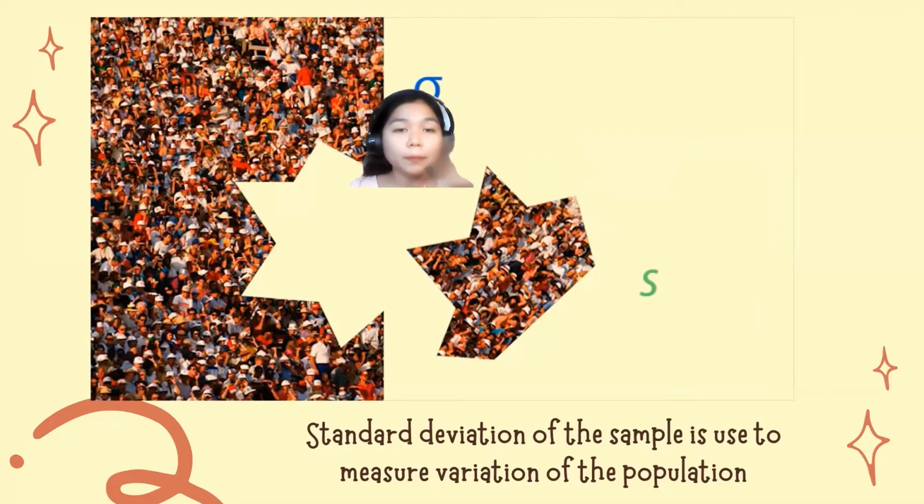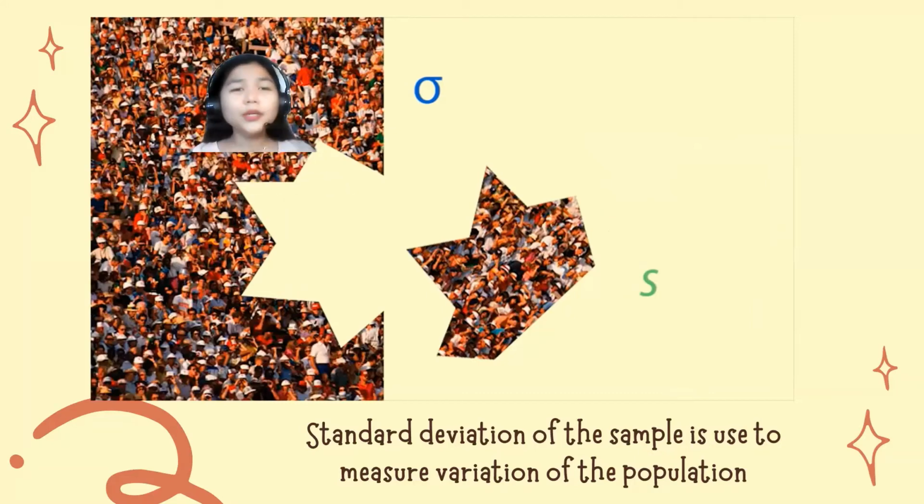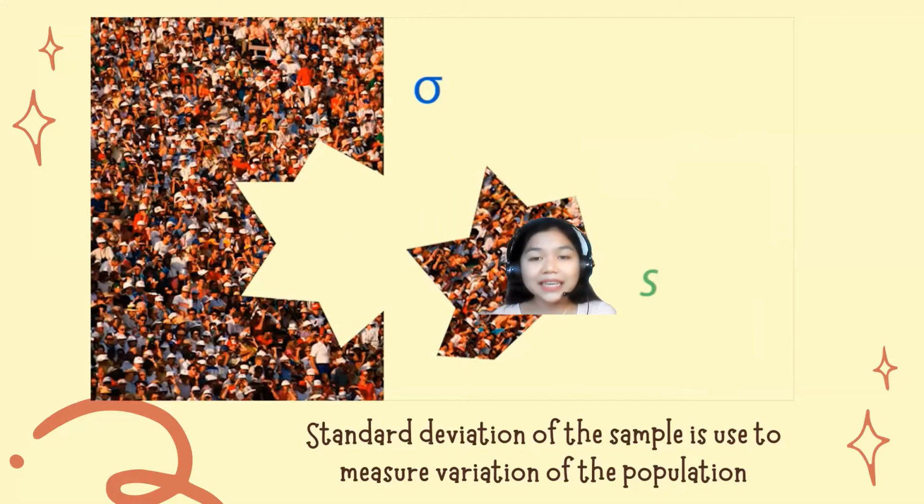Try to imagine it is whole. We notice in the population there are so many differences, many variations. So our purpose is to get only the sample standard deviation, because we only get the measure of variation. So S here is for the sample standard deviation.